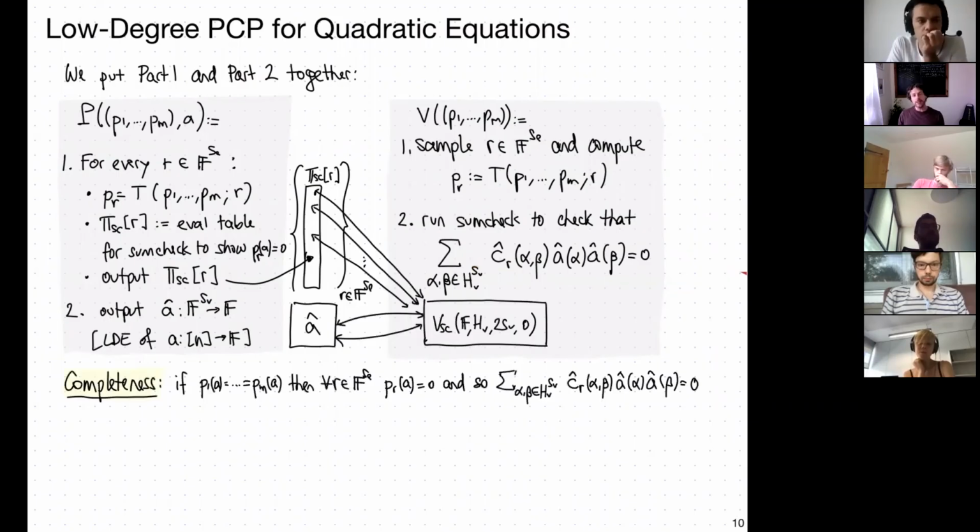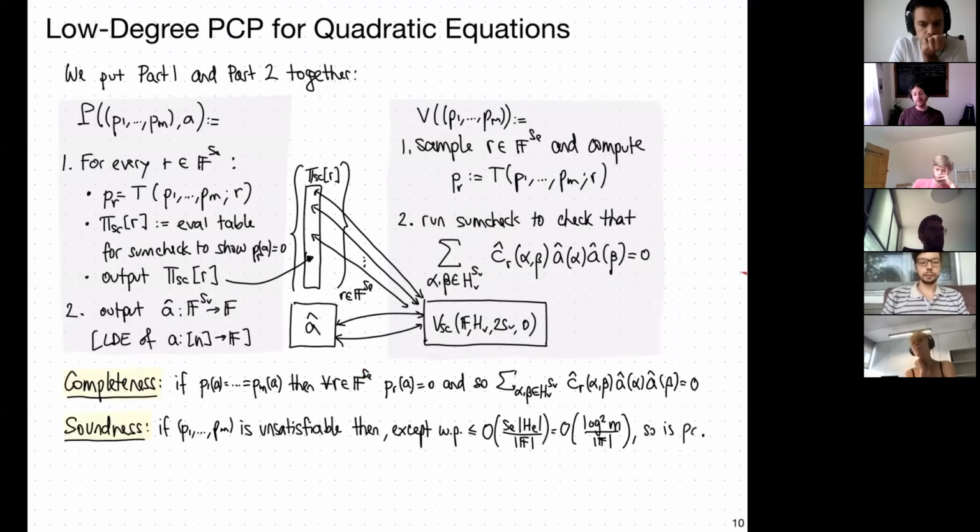Completeness and soundness will follow as in the standard setting, because if this is satisfiable, then for every random choice, the combination would be satisfiable, and so the sum-check will hold. And if it is unsatisfiable, then except for the error that we get from the bundling, we know that the bundled function will also be unsatisfiable.